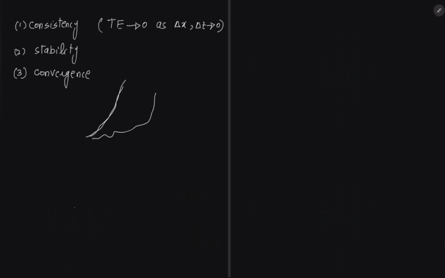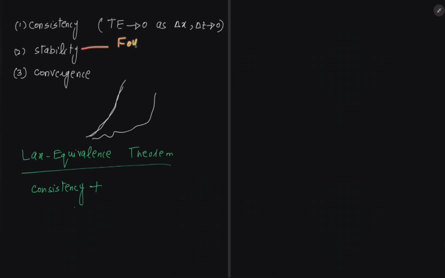But fortunately we have a theorem, the Lax equivalence theorem, which says that if you check consistency, which is easy to check, as we will talk about in the next videos, you find the truncation error and make it approach zero as delta x and delta t approach zero, then it is a consistent method. Then for stability, you check by Fourier analysis, which we will also talk about.